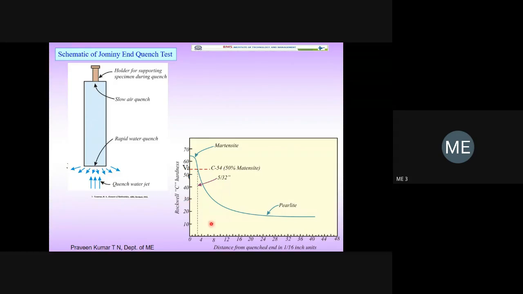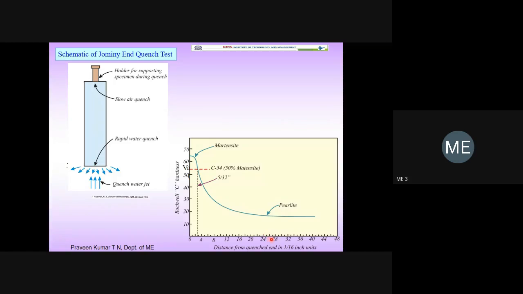Now if you draw this, let the y-axis refer to the Rockwell hardness number, and the x-axis be the distance from the quenched end. Exactly at the bottommost surface the hardness is 60.